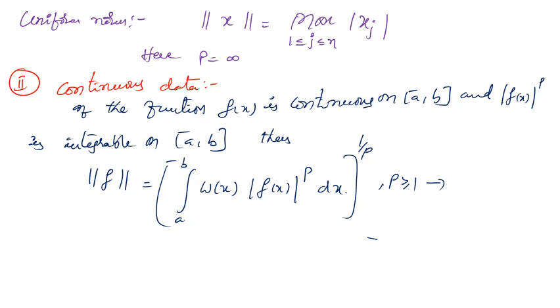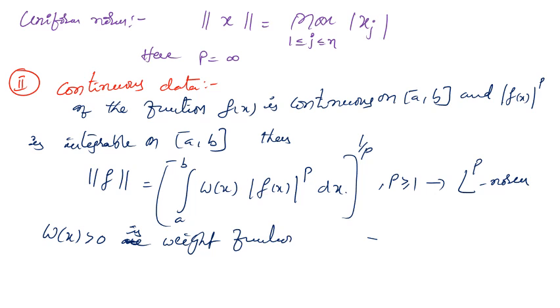This is called the LP norm. And here w of x greater than 0 is the weight function. We have to choose this weight function. In particular, when p equal to 2, what is norm f equal to?